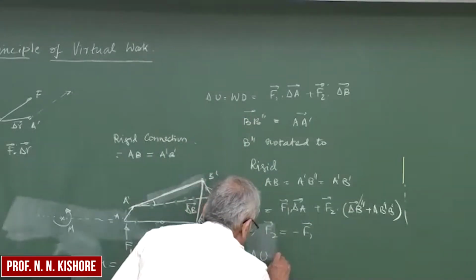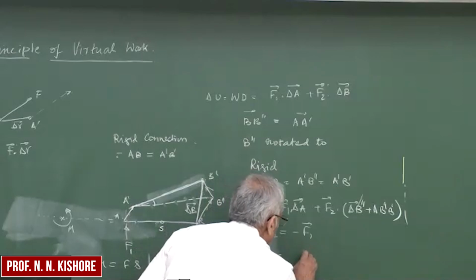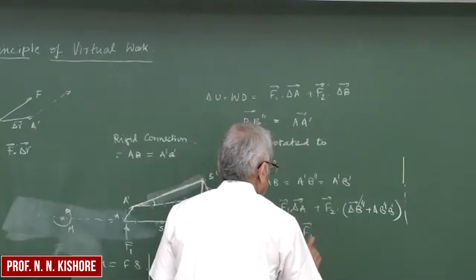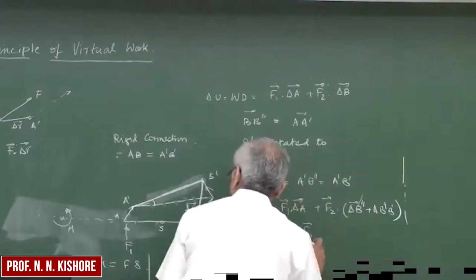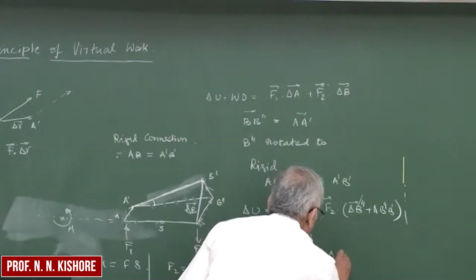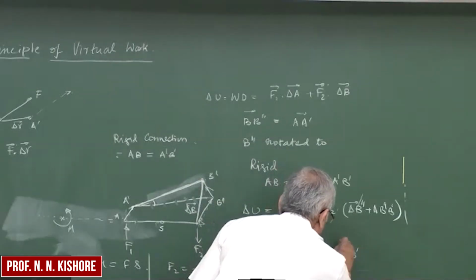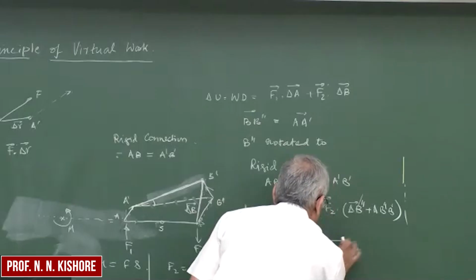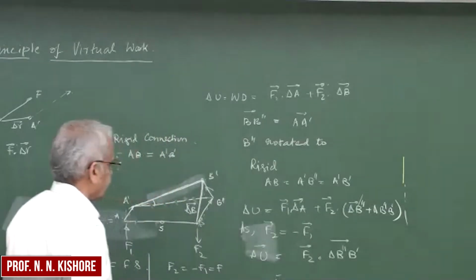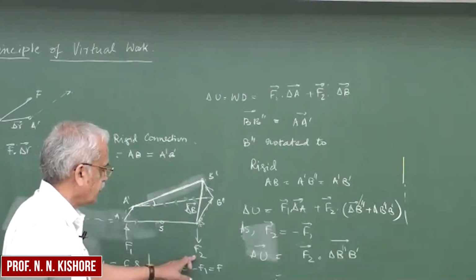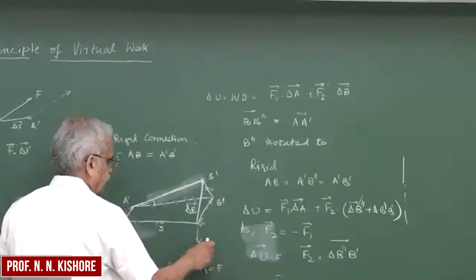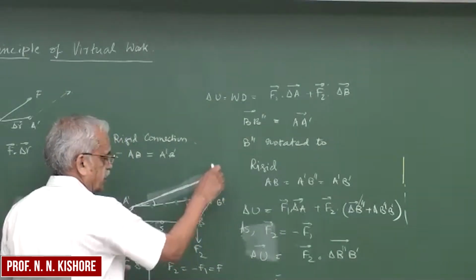So the total work done will be that of F2 dot this one. So the total work done is just equivalent to F2 taken in a dot product with this term.